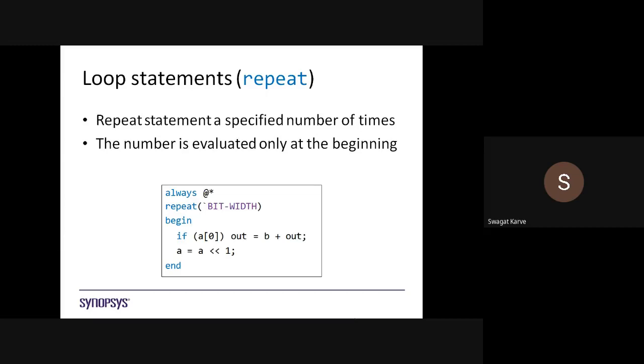These are the statements. Now for how many times will it keep on repeating? The repeat statement specifies the number of times it should repeat, and that number depends upon the bit width of the value or variable that you have used.